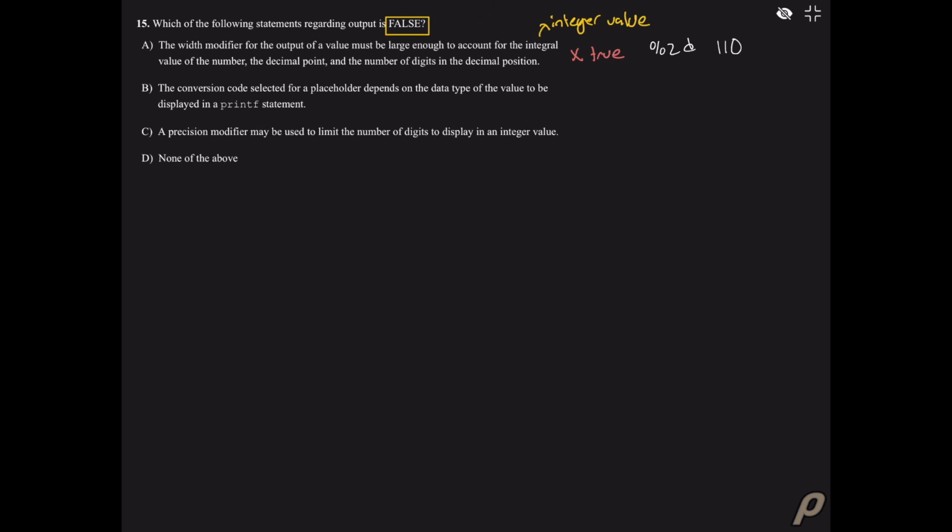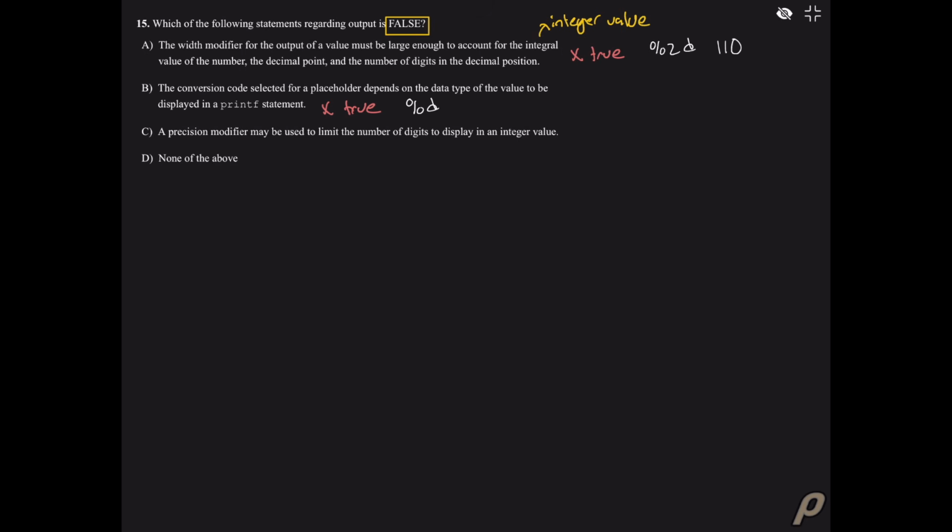B says the conversion code selected for a placeholder depends on the data type of the value to be displayed in a printf statement. And this is indeed true, as for integers, if you remember, the conversion code is going to be this d.